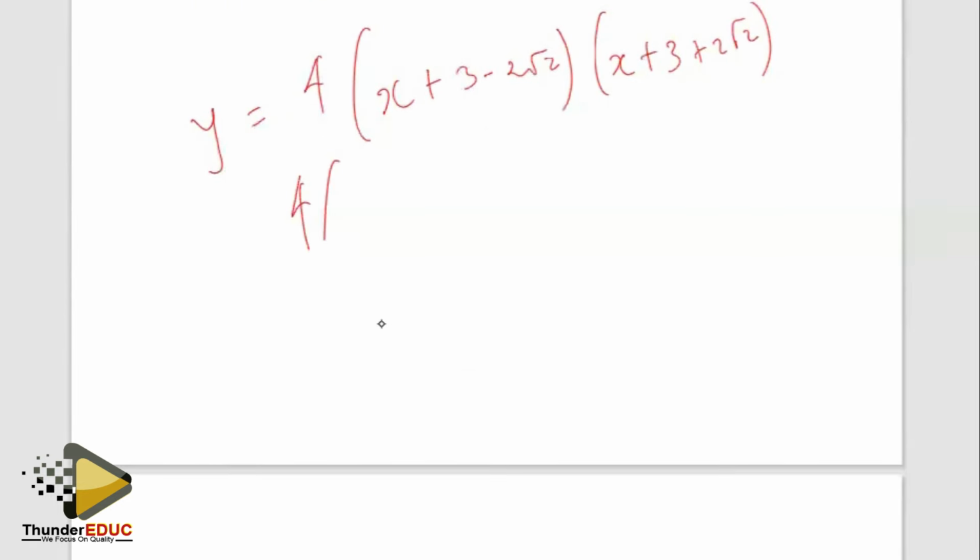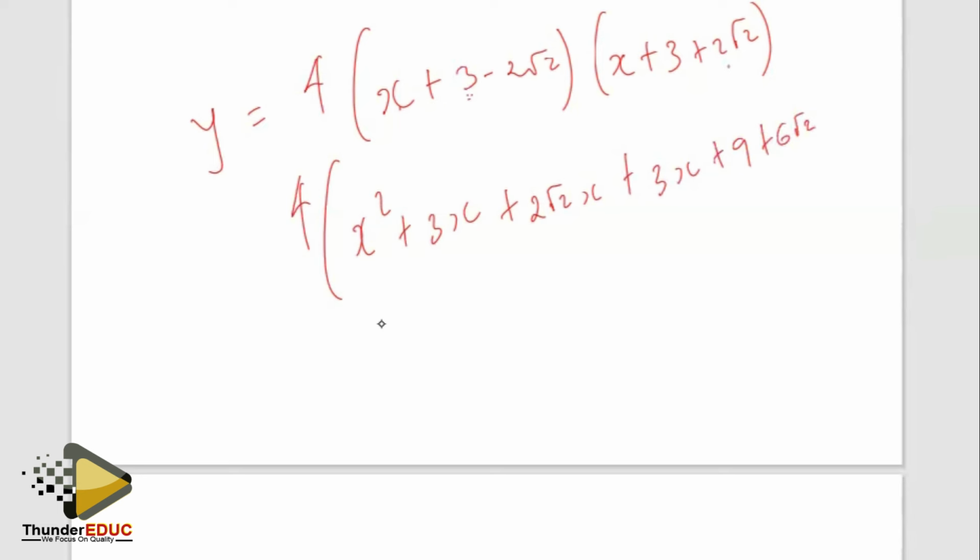Okay, so that's a 4 into x and x, that's going to be x squared. This and that is going to be a plus 3x. That and that's going to be 2 root 2x. Then plus this and that is a 3x. This and that is a 9. This and that is going to be a 6 root 2.